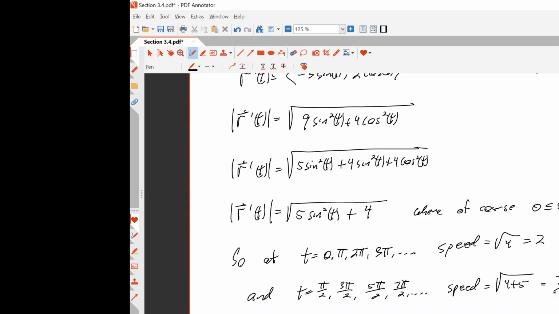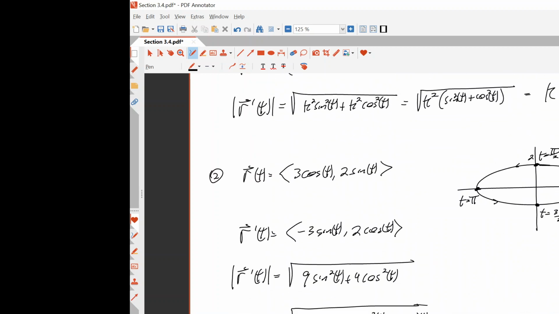So speed is the slowest when you're at the larger radius of the ellipse, out here and out here, and it's the fastest when you're at the shortest part of the radius of the ellipse.